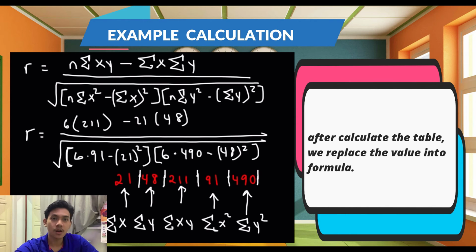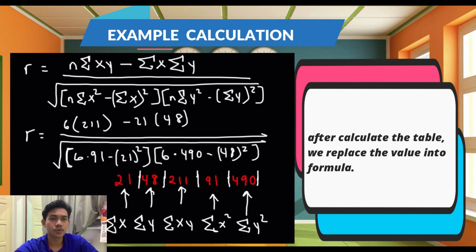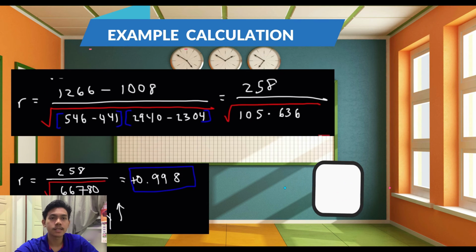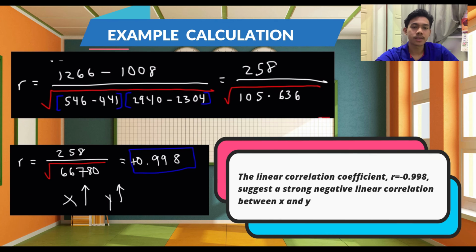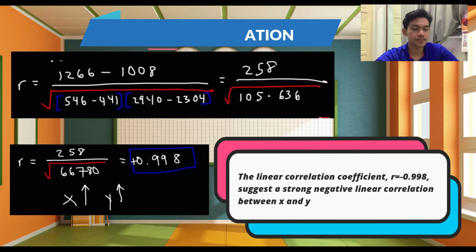After we replace all the data into the formula, we calculate it as usual. So for this question, the linear correlation coefficient is equal to -0.998, which suggests a strong negative linear correlation between x and y.